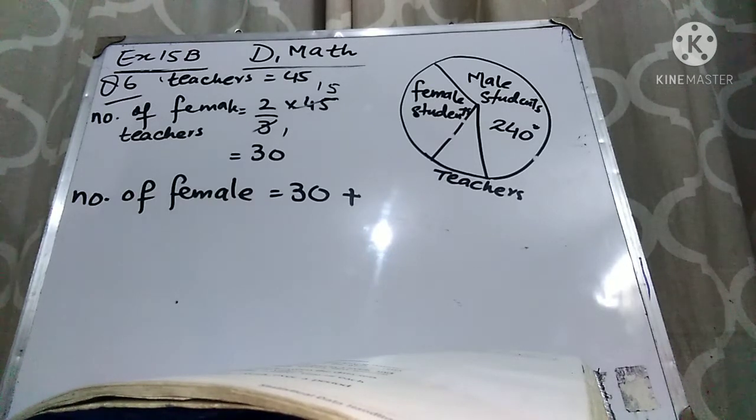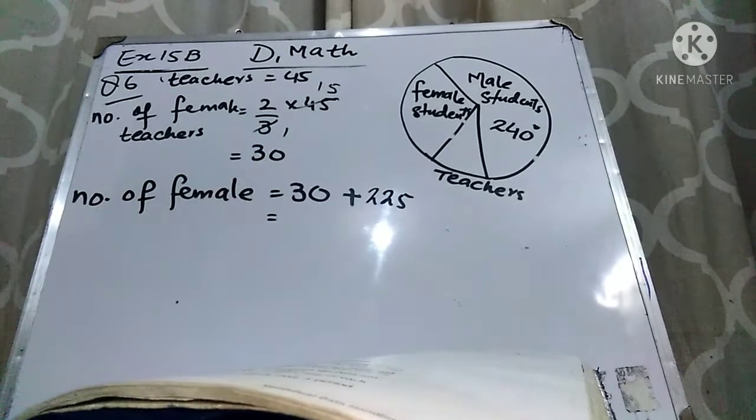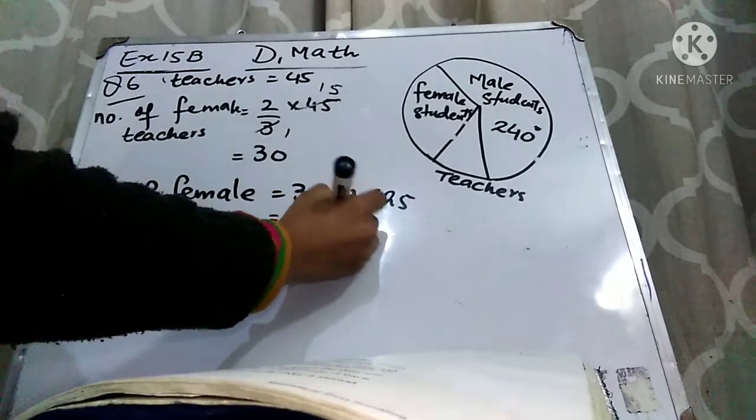So you will add 225 and the number of female teachers, and you will get 255. So these are the number of females.